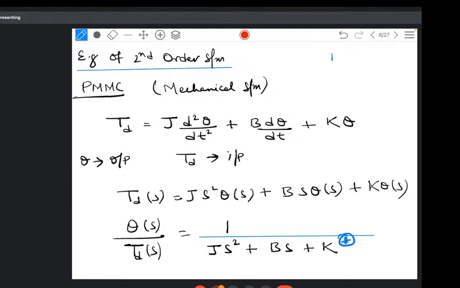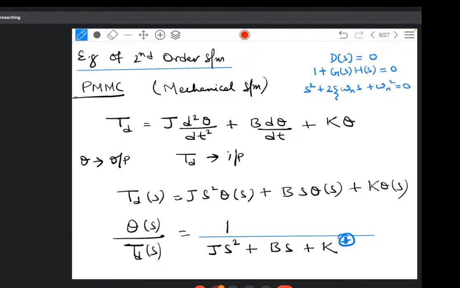Characteristic equation means D(s) equal to 0. For the standard second order transfer function, the characteristic equation was s square plus 2 zeta omega n s plus omega n square equal to 0.